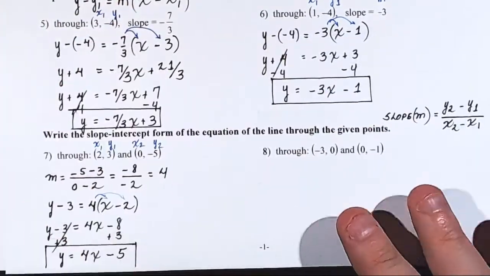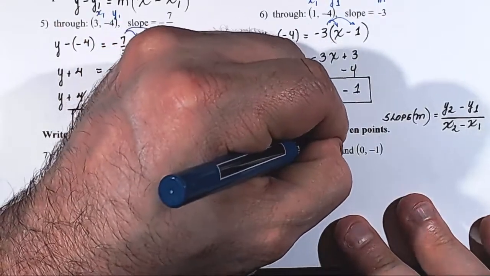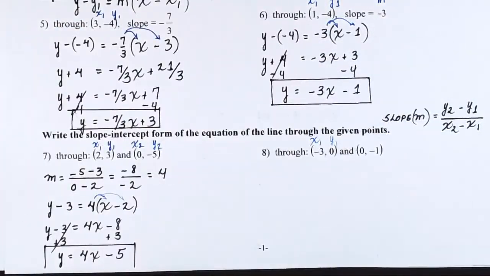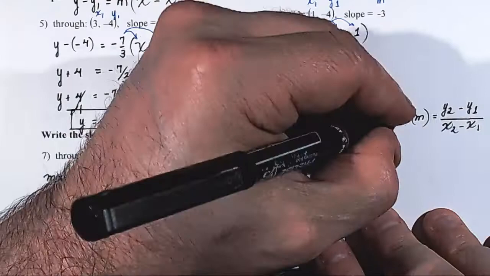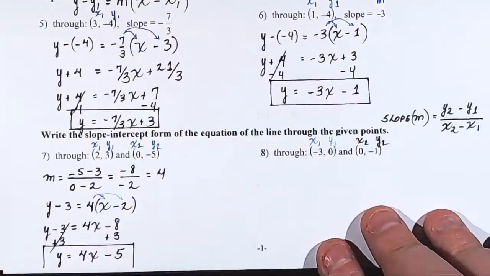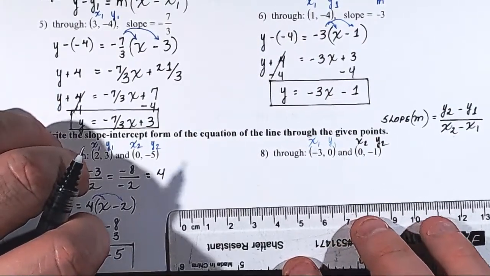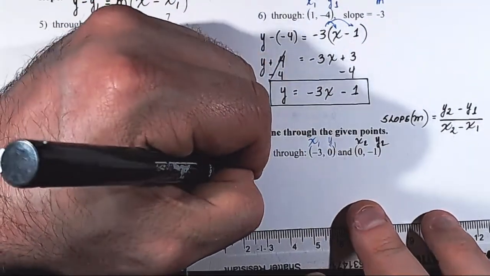This is going to be especially important here that we label appropriately x1, y1, and ran out of ink, x2, y2. Okay, so we start by finding the slope.